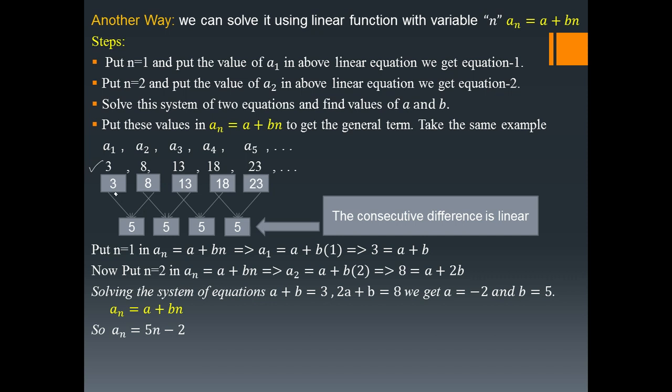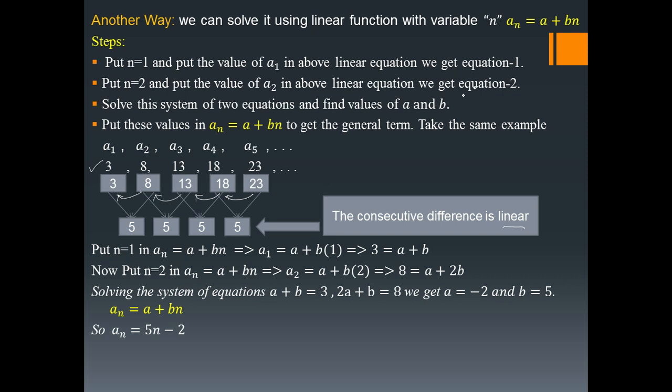If we subtract 3 from 8, we are getting 5, and subtracting 8 from 13, we are getting 5. Similarly 13 from 18, we are getting 5, and 18 from 23, we are getting 5. So the difference is the same, which means the difference is linear.